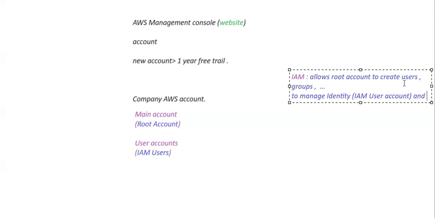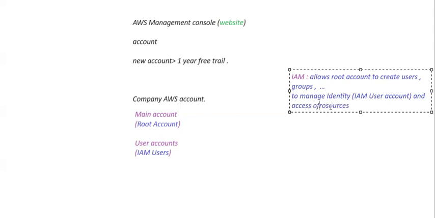To launch EC2 instances, or you can say servers, the IAM user needs to have EC2 access. What do we call that EC2 in AWS? We call that a resource.